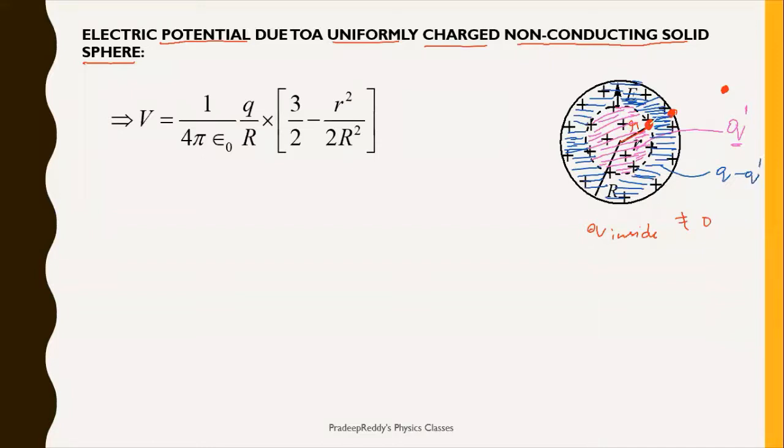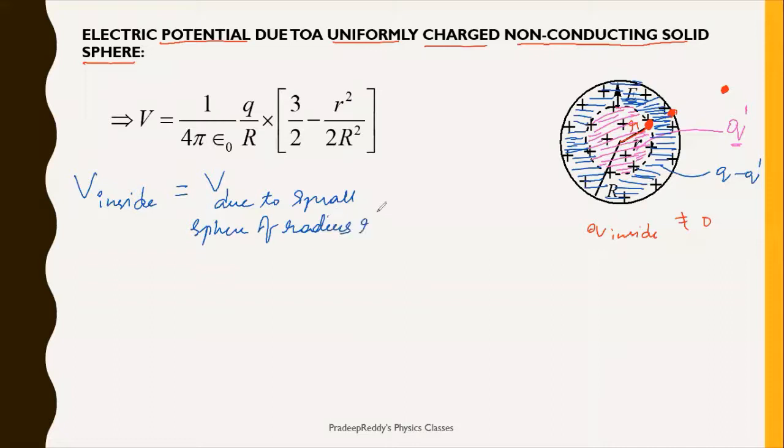So at the point inside, potential inside is equal to the sum of potential due to the small sphere of radius smaller r plus potential due to the remaining portion, which is capital R minus small r.